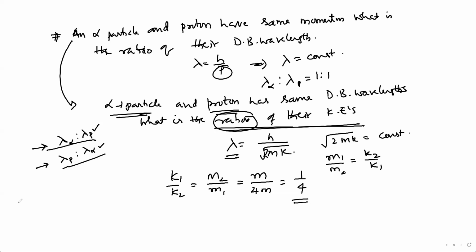These are some important points, a recap of the dual nature of matter and radiation. In the next session, I will discuss more questions on this topic from previous years. We wait for the next session.